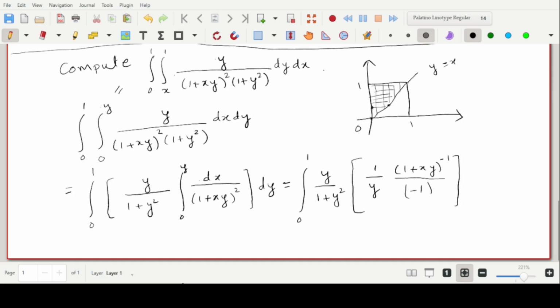And the limits of integration are 0 to y. This is the inner integral. The outer integral still remains to be computed.